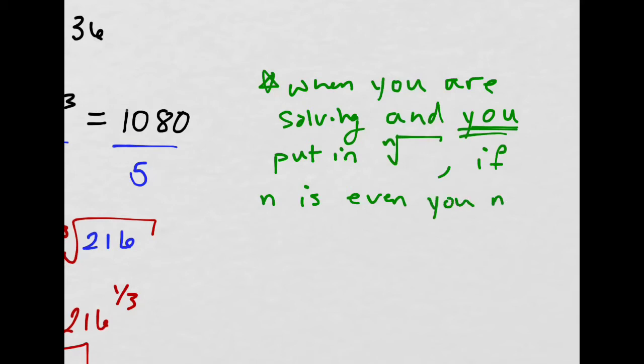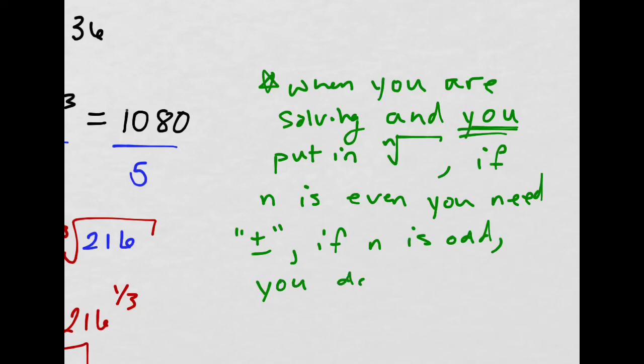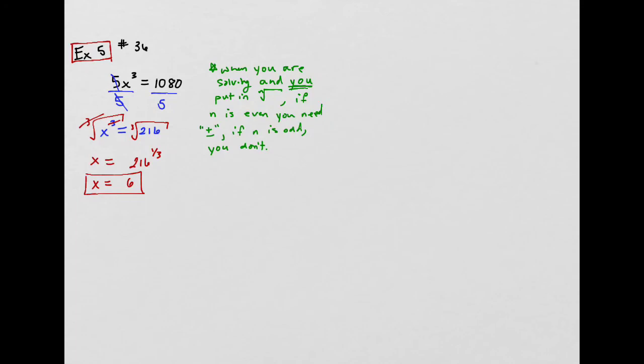You need plus and minus. If n is odd, like we saw just now, you don't. So that's the rule there, and I'll continue doing that on. Just make sure you know that rule.